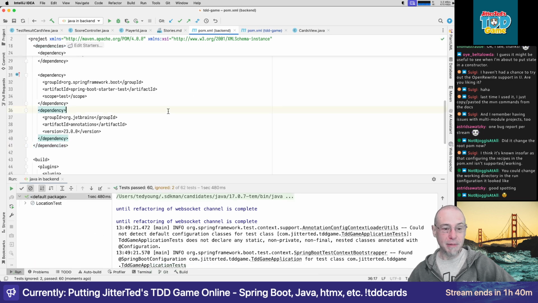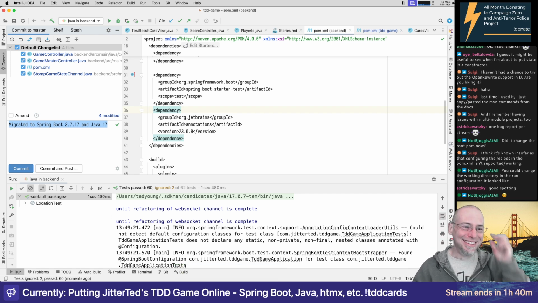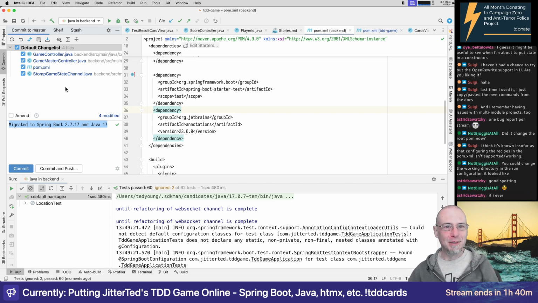And amazingly, they all pass. Excellent. That's probably the smoothest migration to 3.2.5 you'll ever see. So if you're going to avoid migrating your projects, make sure they're trivial projects. That helps a lot.